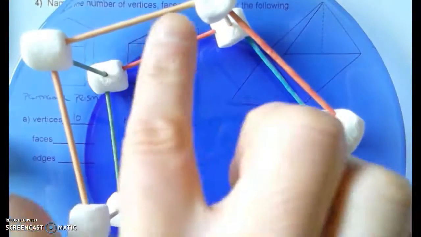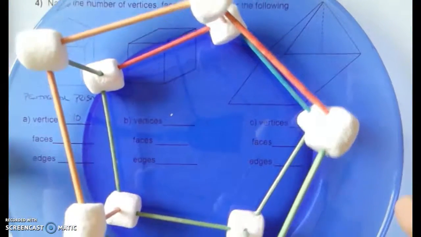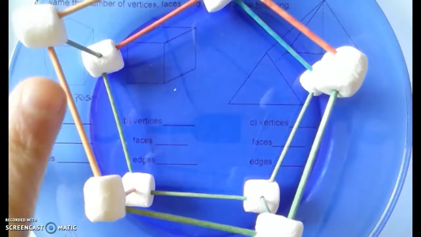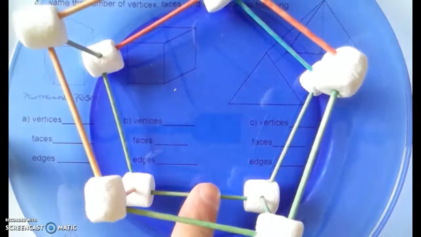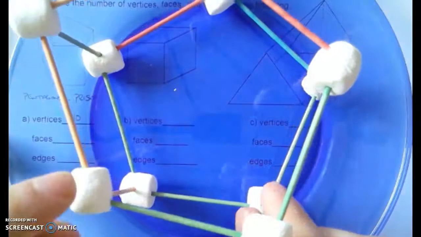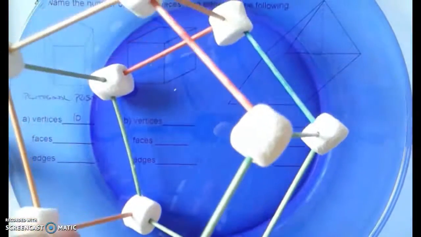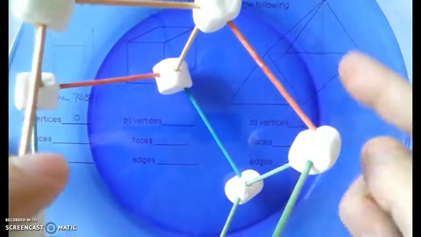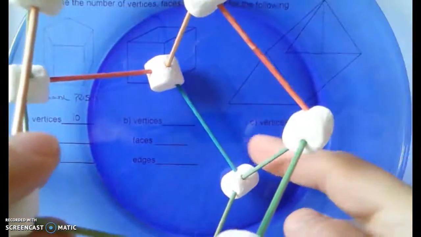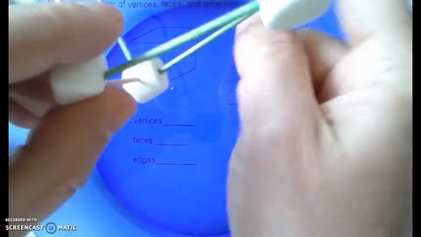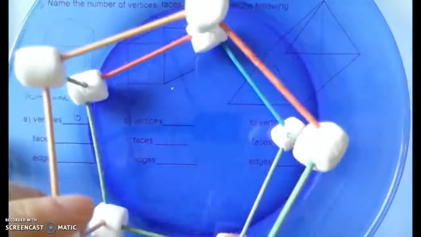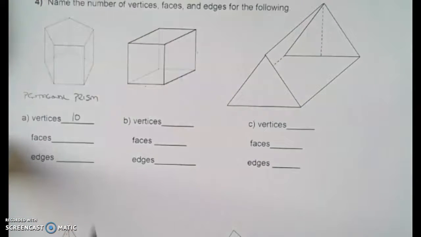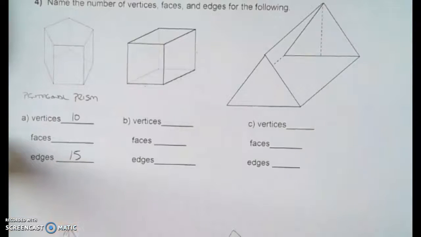So there's 1, 2, 3, 4, 5 on the top pentagon, which means there's going to be 5 on the bottom pentagon, and then there's going to have to be 5 more that connect the top and the bottom. 1, 2, this one right here is 3, 4, and 5 for this last one right here. So that's going to be a total of 15 edges. 15 edges. Those are the toothpicks.